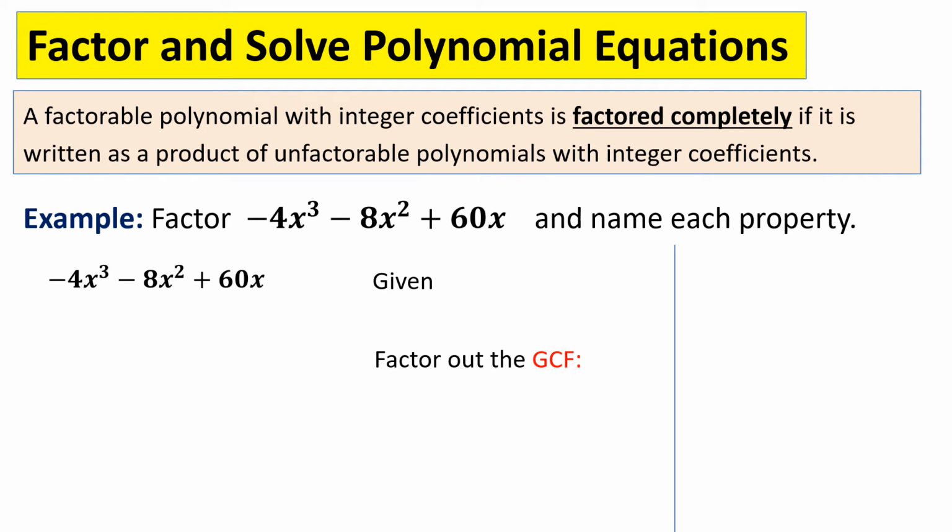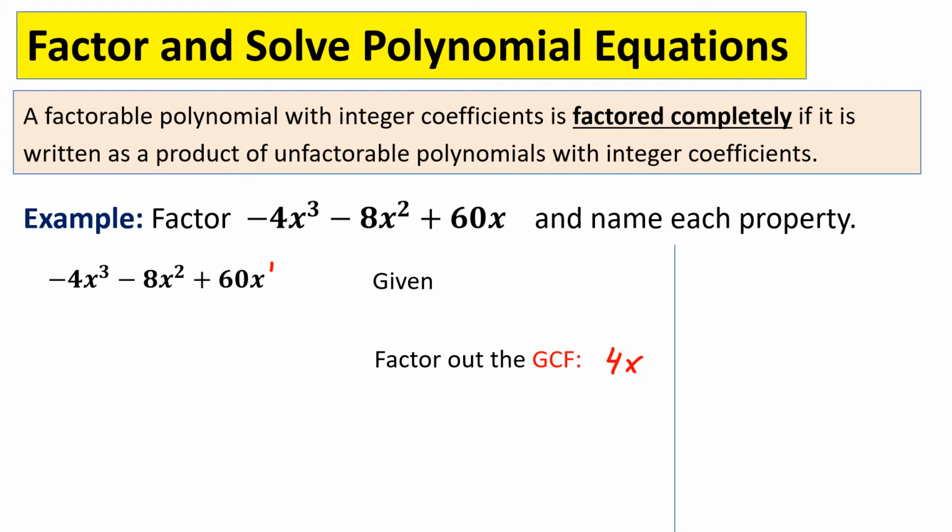So look at the coefficients. What is the largest number we could divide from all the coefficients? We have -4, -8, and +60, and that would be 4. And then they all have at least one x in common.